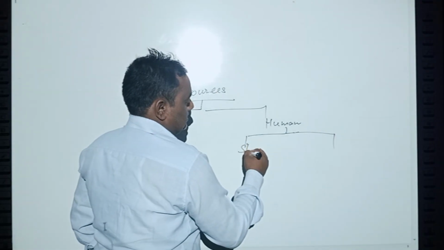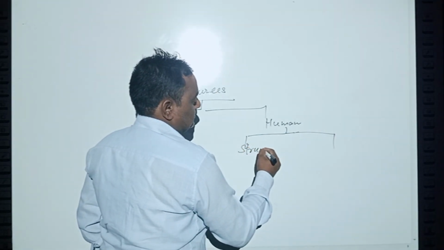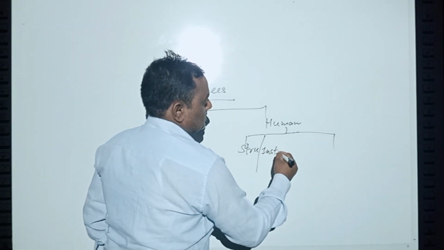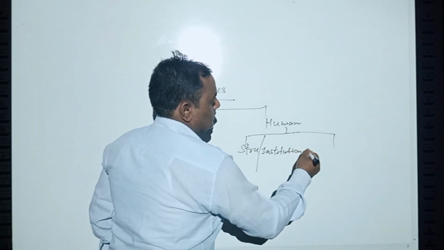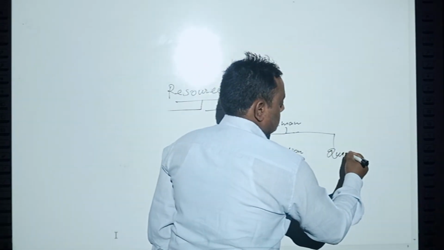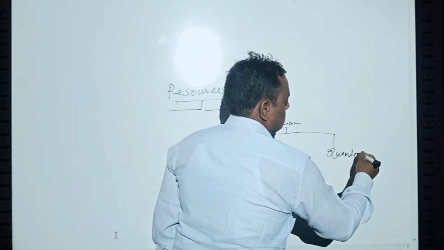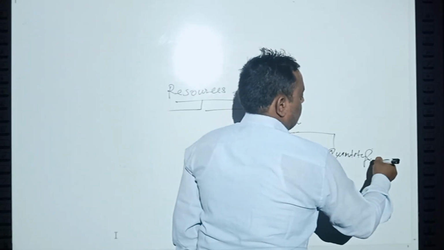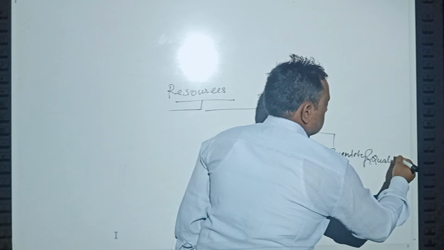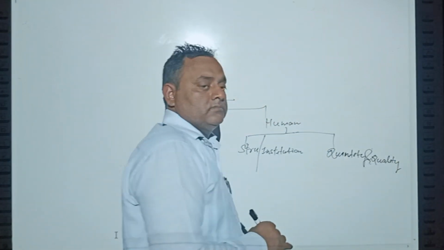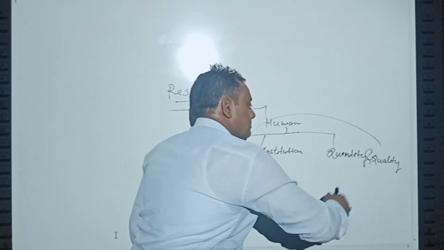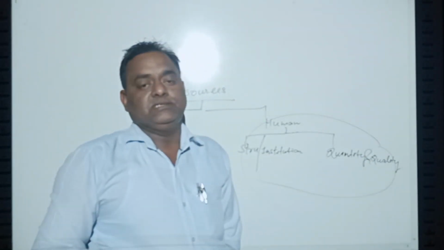First is the structure of the institution. Second is quantity and quality. It totally depends on manufacturing.